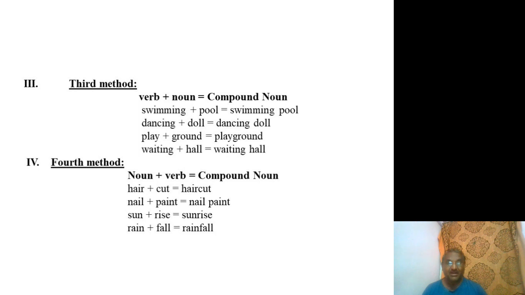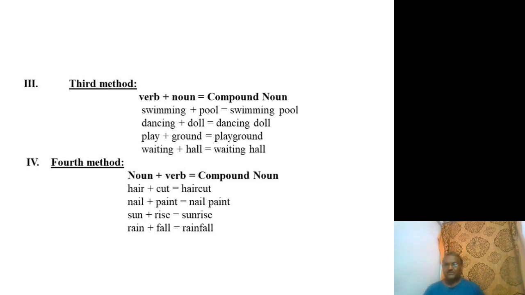Waiting plus hall, waiting hall. Swimming is a verb, plus pool: swimming pool. Dancing doll, playground, waiting hall, and so on. These are the examples for verb plus noun.